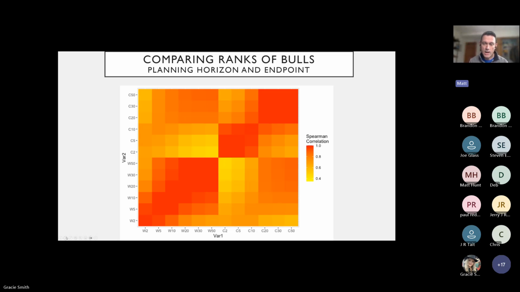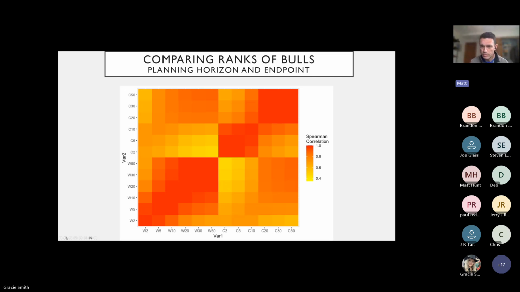Similarly, if I have a short-term planning horizon versus a long-term planning horizon, that can lead to different selection decisions too. And that's kind of represented if you look in the top right, you'll see that there's kind of two red squares there. But those aren't highly related to each other.